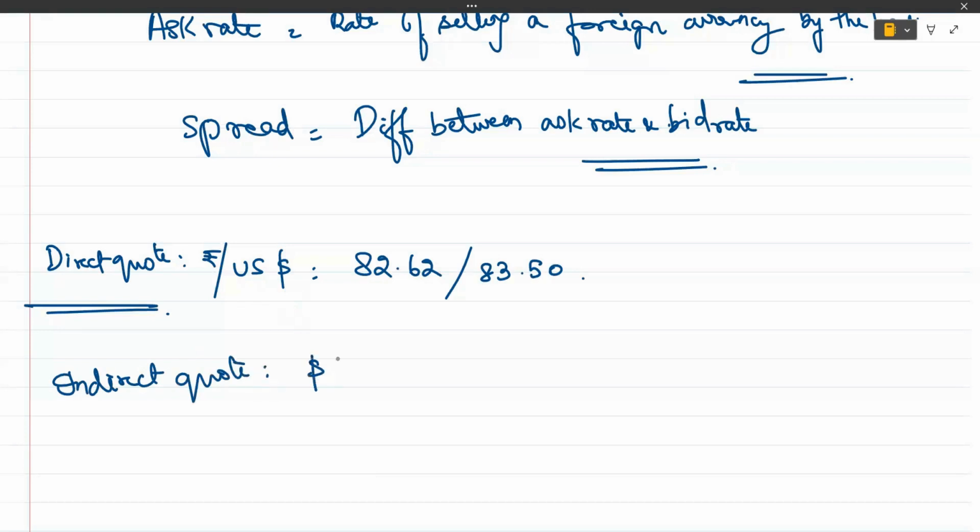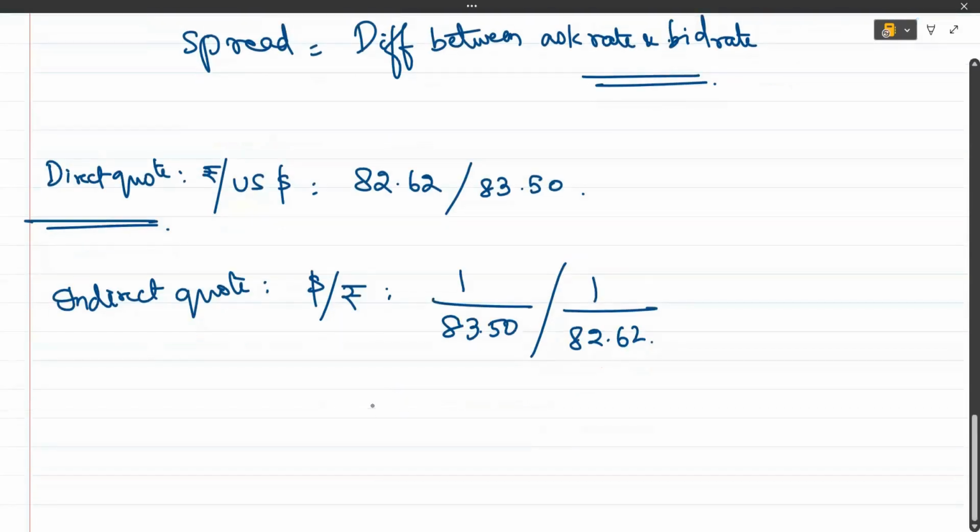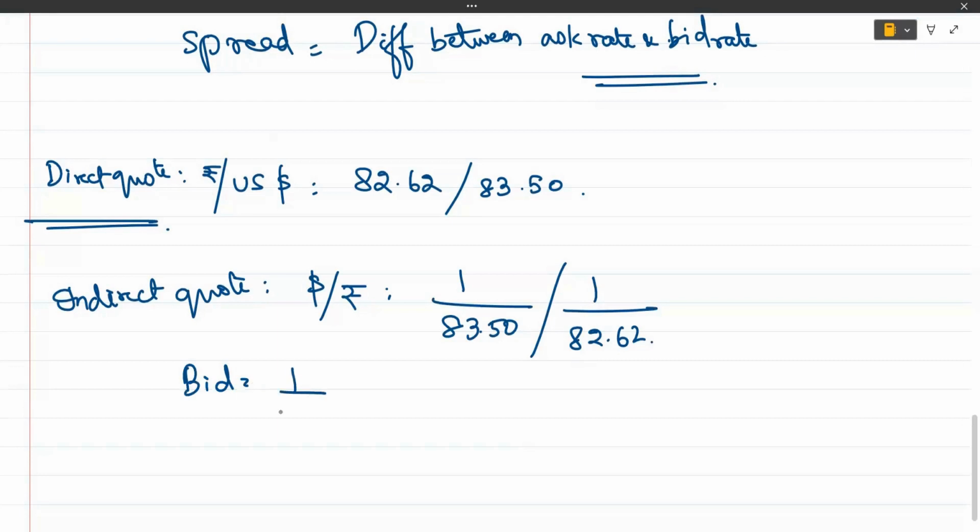Indirect quote is dollar per rupee. While finding indirect quote, it will not be directly 1 divided by 82.62. Instead, it will be 1 divided by 83.50/1 divided by 82.62. So, indirect quote of a currency will be bid is equal to 1 by ask and ask is equal to 1 by bid.